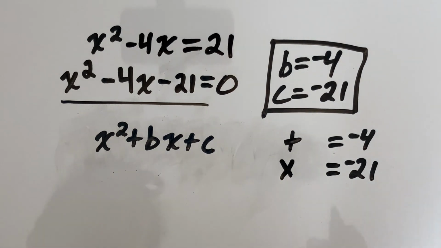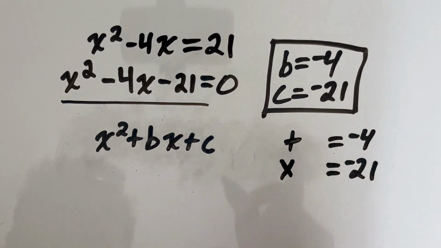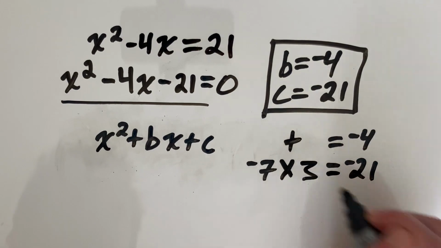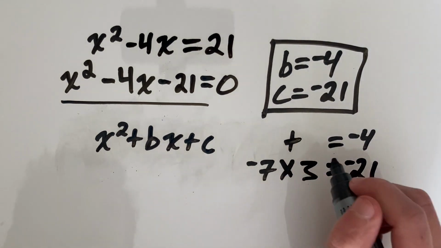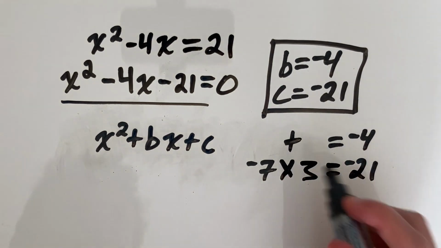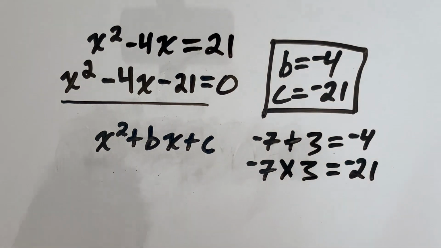So you can stop and think of those two numbers. Well, what are two numbers that multiply to negative 21? Well, we have 7 and 3. That multiplies to 21. But one of them has to be negative because it's negative 21. So let's try negative 7 times 3. Now we try it in the above one and see if those two also add to give us b. So does negative 7 plus positive 3 give us negative 4?